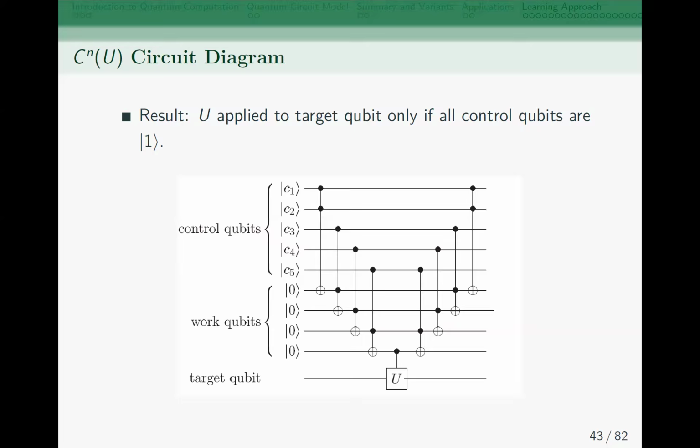And if this top gate is activated, then this guy must be 1, and this guy must be 1. So C5 must be 1. So this must be 1. But if this working qubit is 1, meaning that this is 0, then these top gates are also activated. So that means that C4 must be 1, and C3 must be 1.